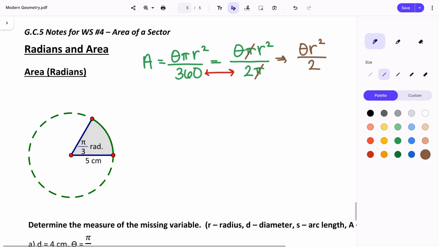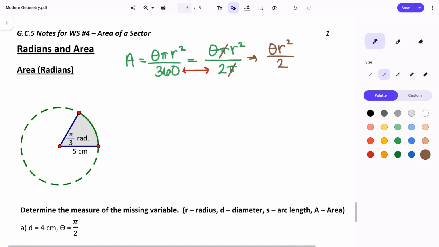But instead, I'm just going to put my radians in for that theta and work with it. Because this is already a fraction, it might be simpler to pull out the fractional part, and so rewriting this equation one more time as 1/2 times theta r squared.